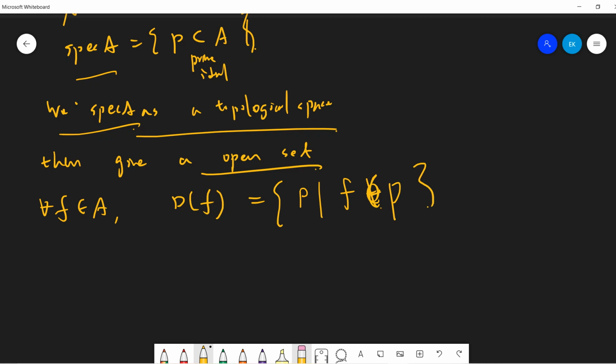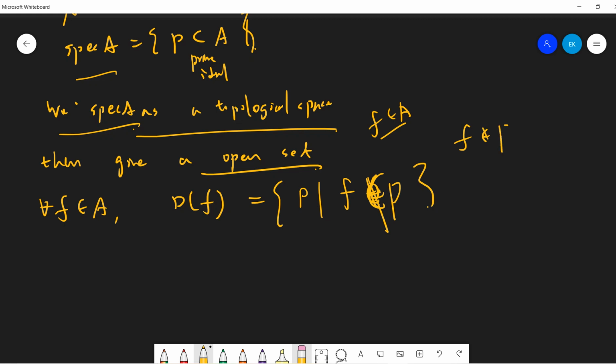So this is very easy, right? Because f is an element of the ring, but p is a prime ideal, so obviously one can talk about whether f belongs to p or not.